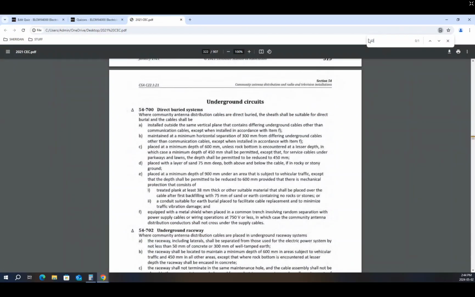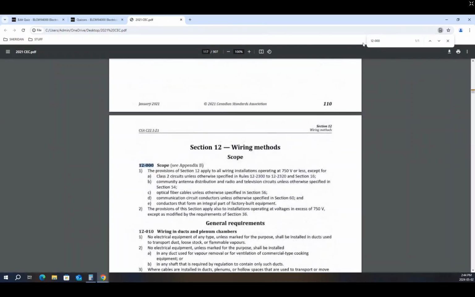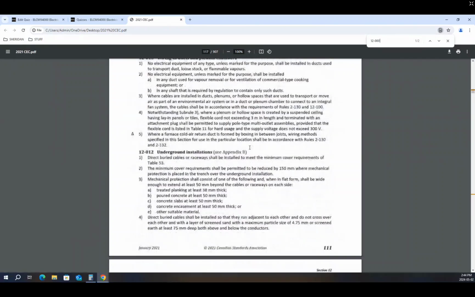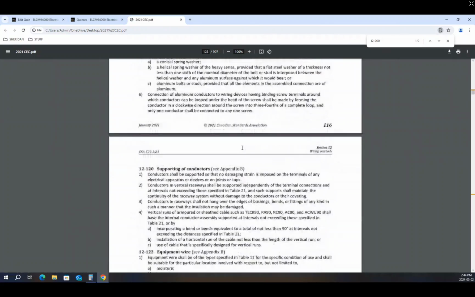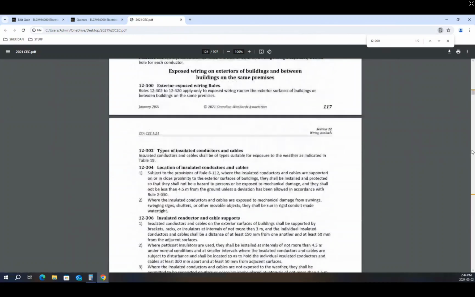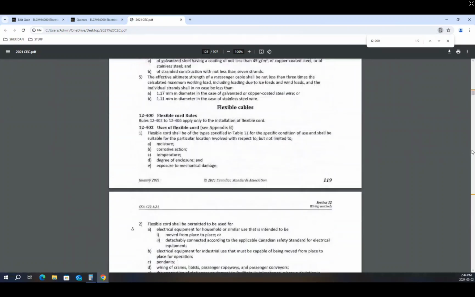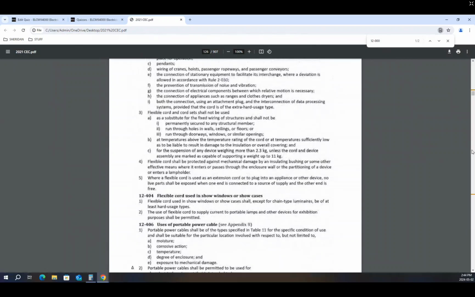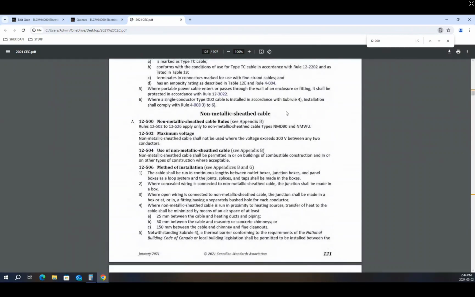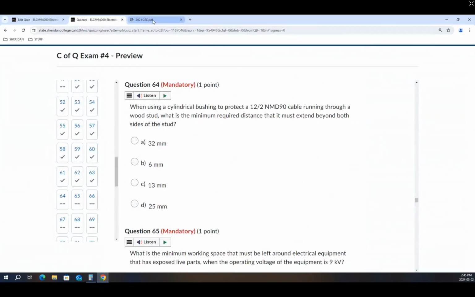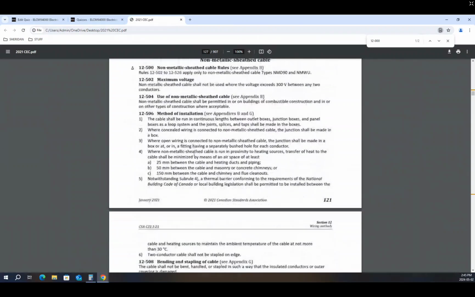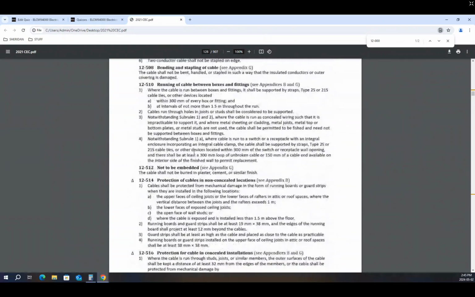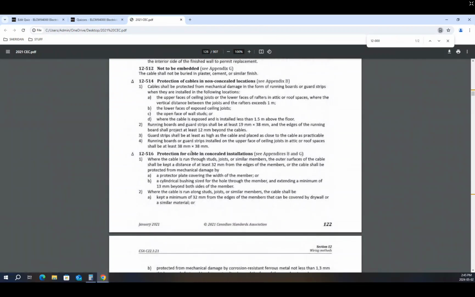That's going to be Section 12, wiring methods, non-metallic sheathed cable, NMD90, protection of cable.